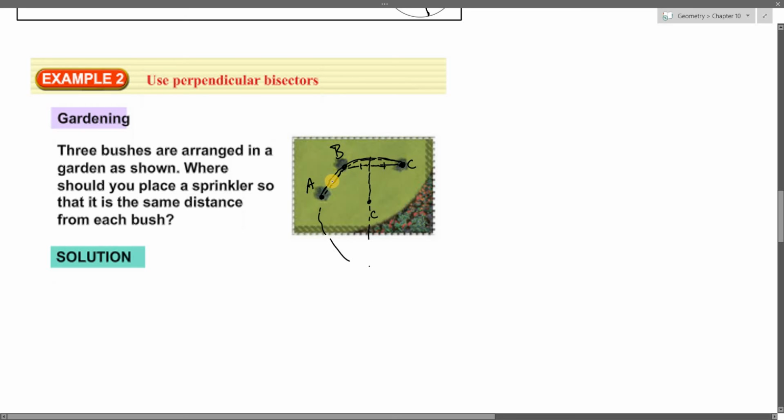Then you bisect this one as well, and this one's going to have to go through this same region, and also bisects this. So if you construct the perpendicular bisector, you find a diameter, but if you construct two diameters, you find a guaranteed what? Center.